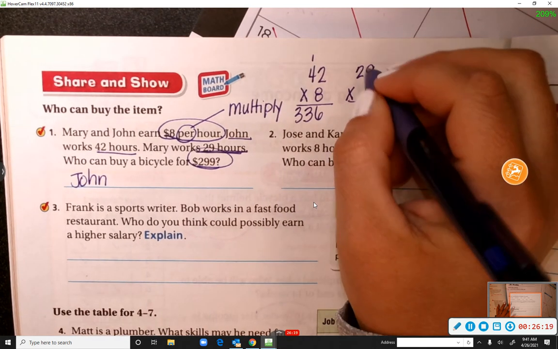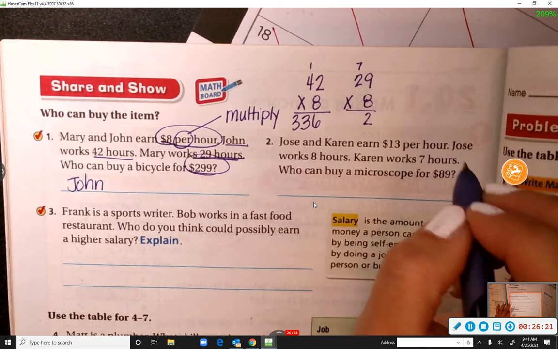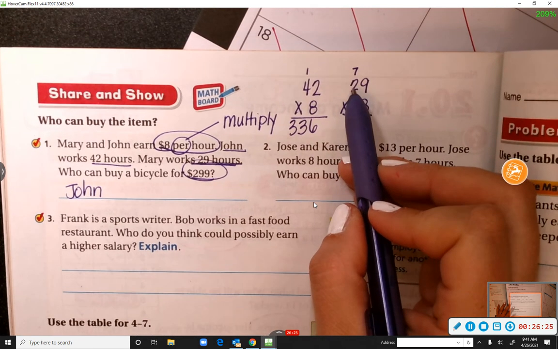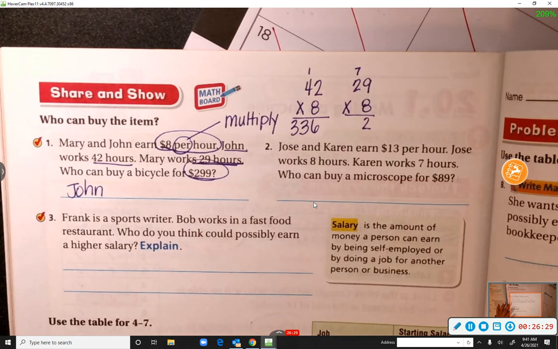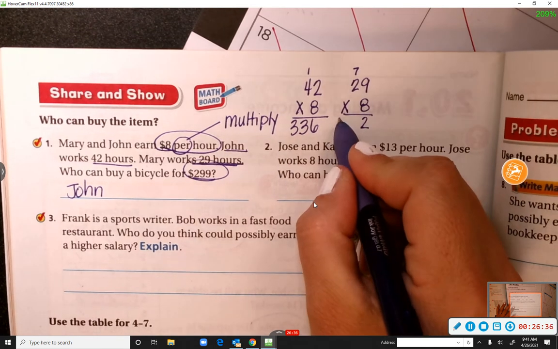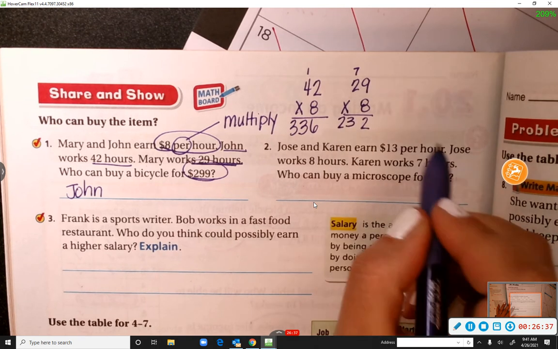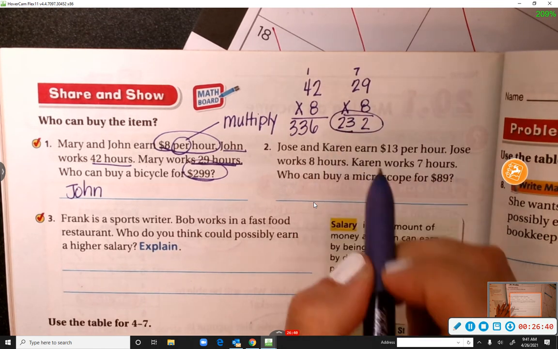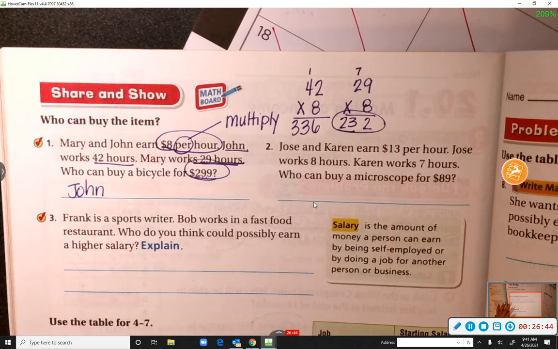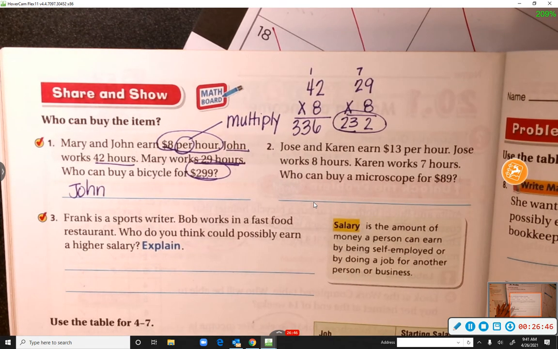Good. 2 goes down. 7 goes up. 8 times 2 is 16 plus 7 is 23. So that's Mary. She's going to earn $232. Is that enough for the bicycle? No. So only John can buy the bicycle.